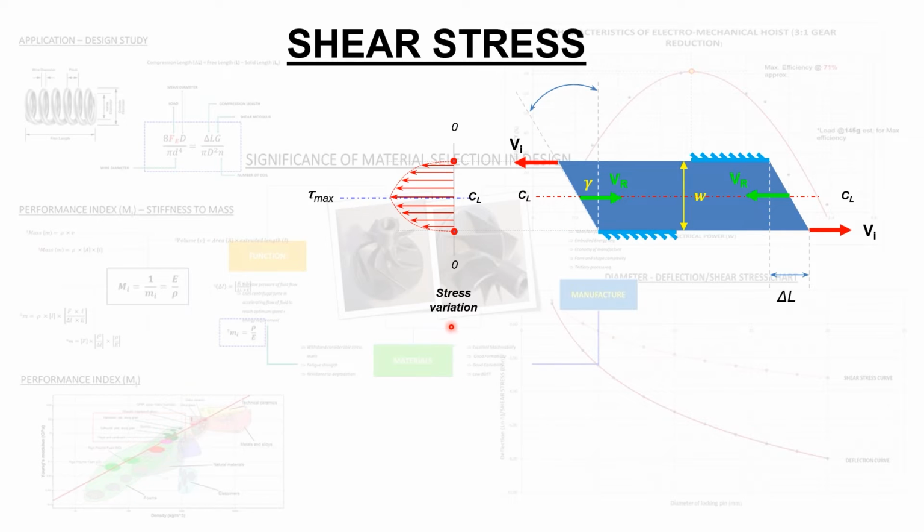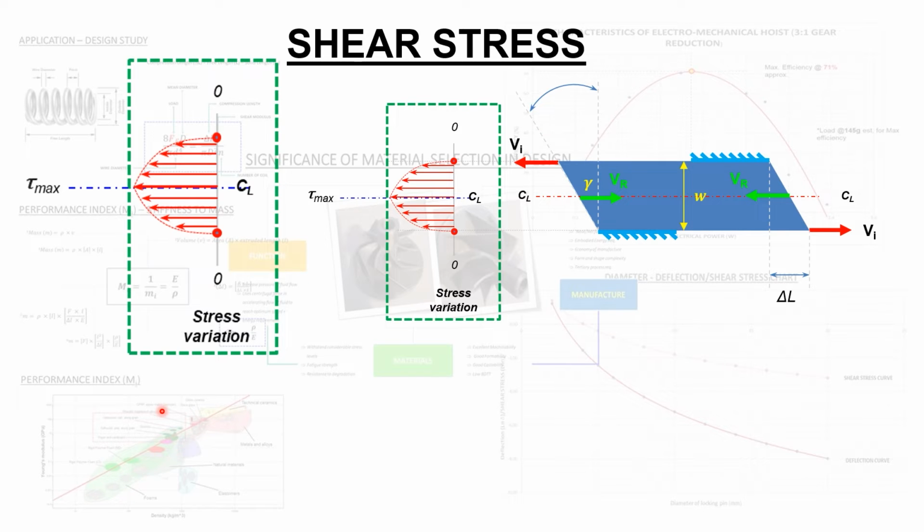So from the shear variation diagram, we realize that the maximum shear stress experienced by the component, denoted by the notation tau, will be experienced at the plane of shear of the component. So this leads us to looking at the various equations for us to calculate shear stress.